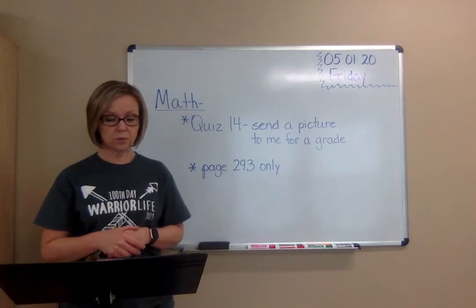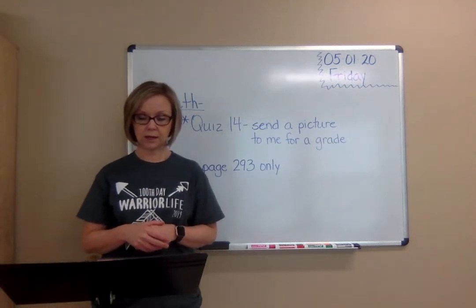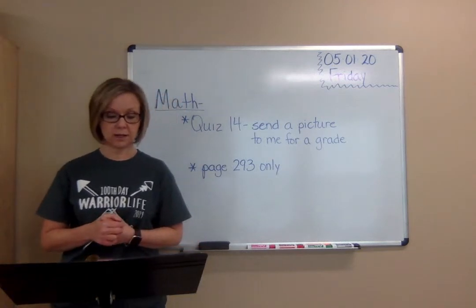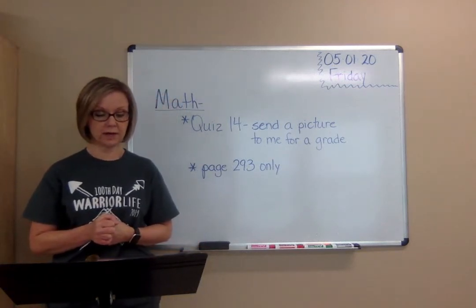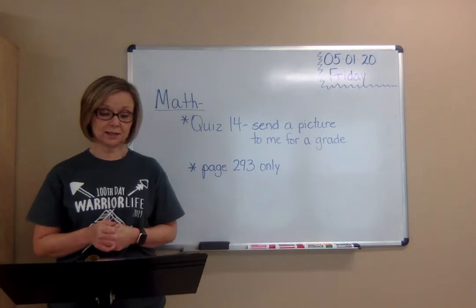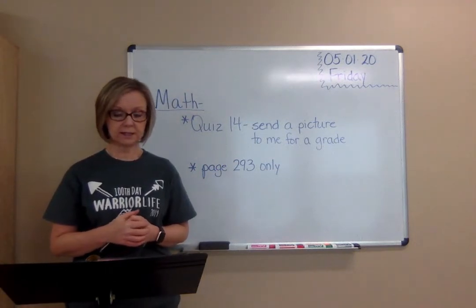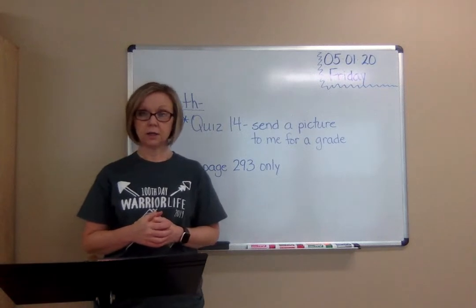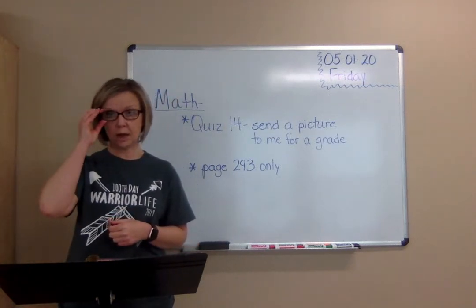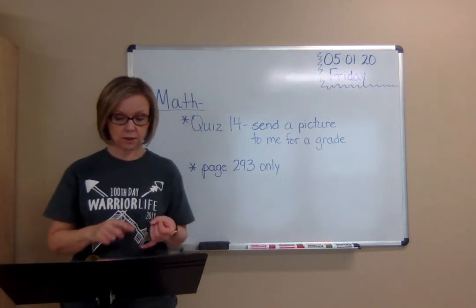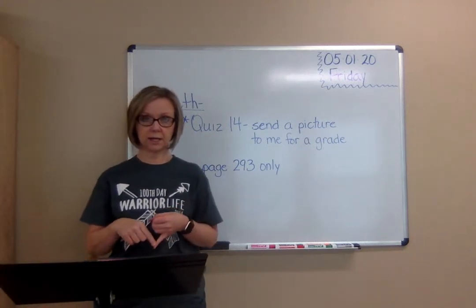1B, Grayson wants to buy a Bible that cost $15.98 and a game that cost $7.95. He has saved $12. How much more money does he need to save? So first, you're going to need to know how much the two items are together, right? One item is $15.98.